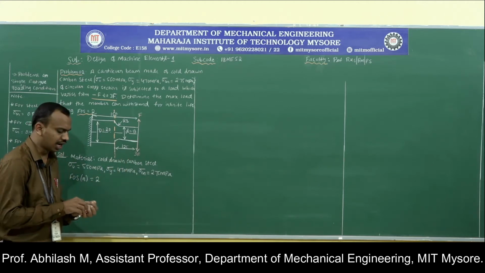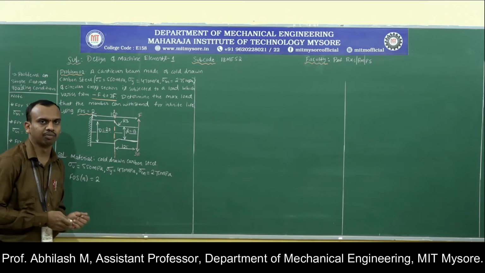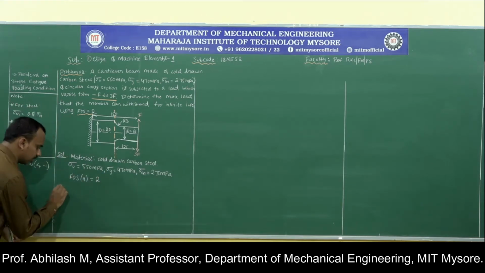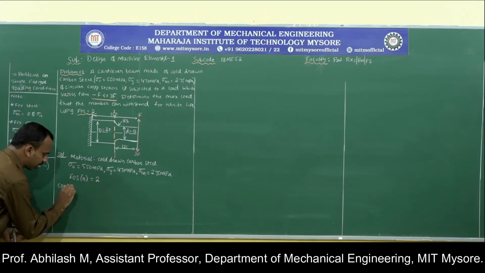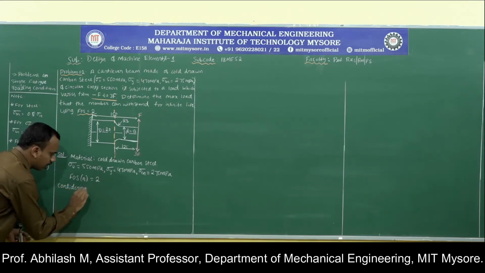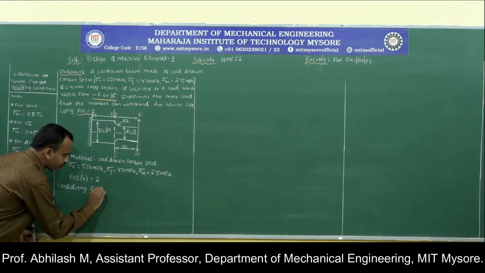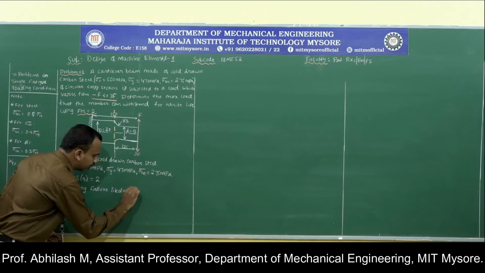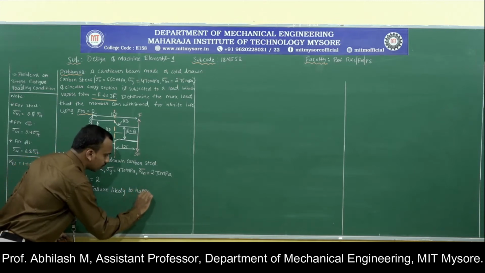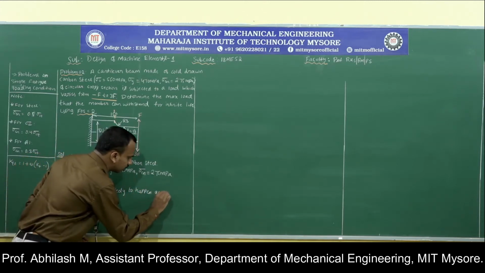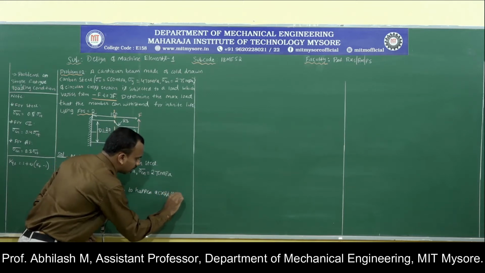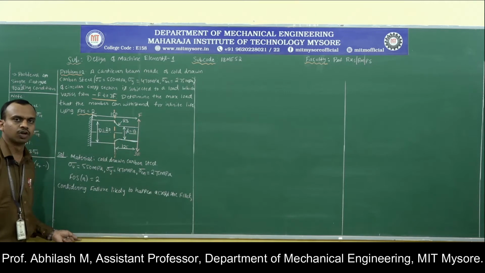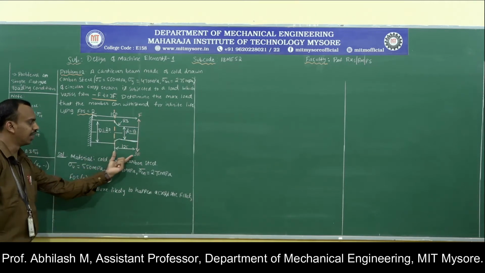Now, in order to calculate the minimum and maximum bending moment across the filleted region, considering failure likely to happen across the fillet, we can note down the minimum and the maximum bending moment.